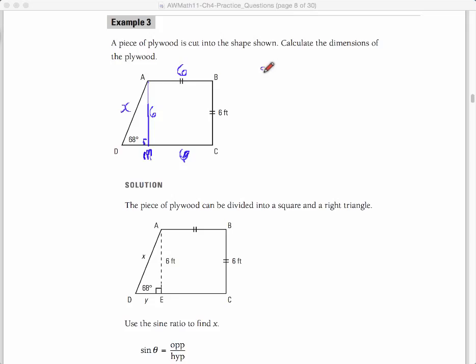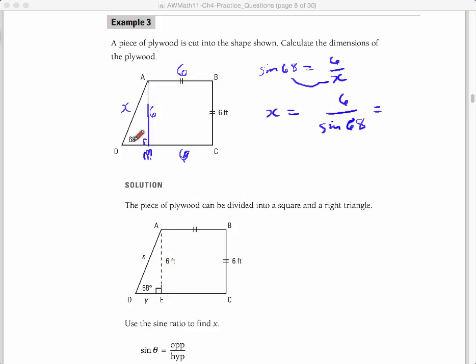This means it's sine of 68 equals the opposite over our unknown X. Again, remember we can swap these two. So X becomes equal to 6 divided by sine of 68. So you can plug that into a calculator and you'll find the answer.